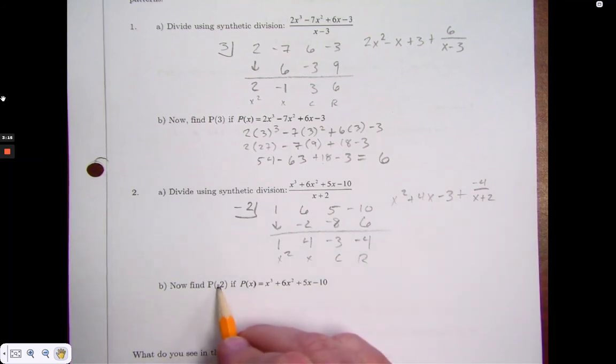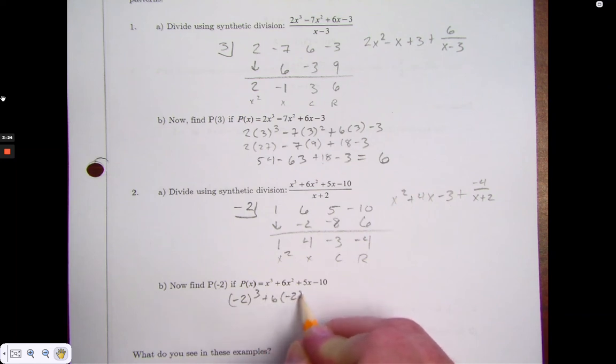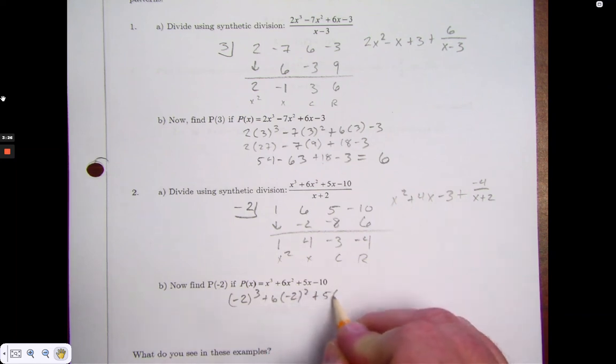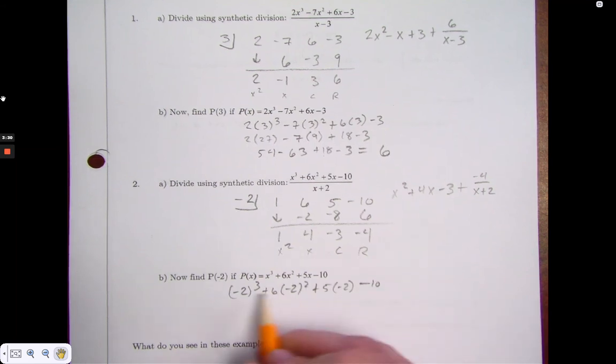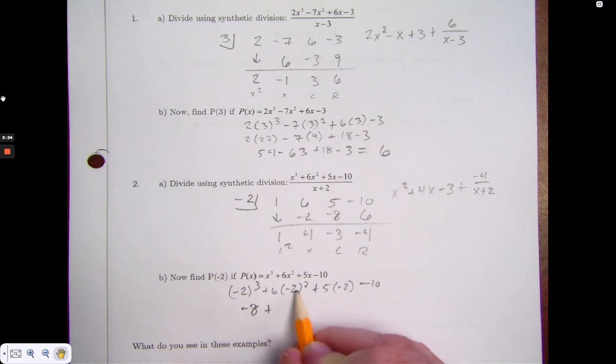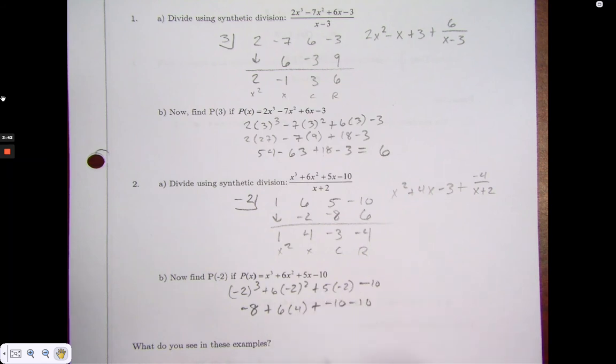We take that -2 that we used over here and put it in for x. Let's see what happens. -2 cubed plus 6 times -2 squared plus 5 times -2 minus 10. -2 cubed is -8. -2 squared is a positive 4, so 6 times 4. 5 times -2 is -10, and then minus 10.